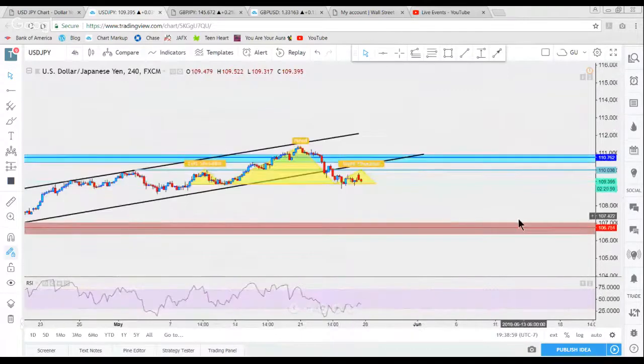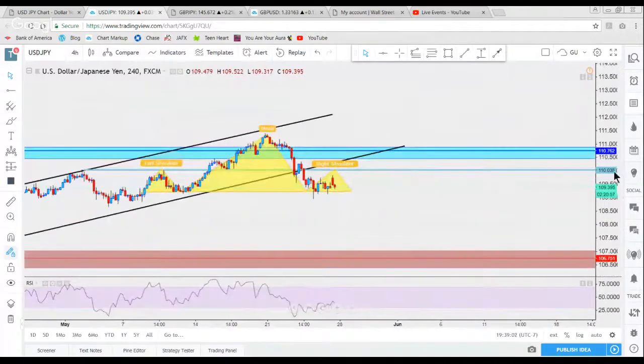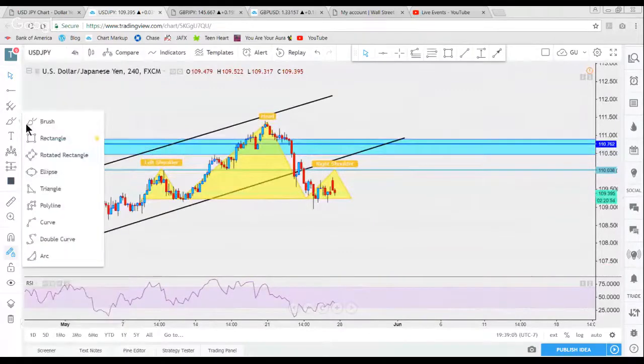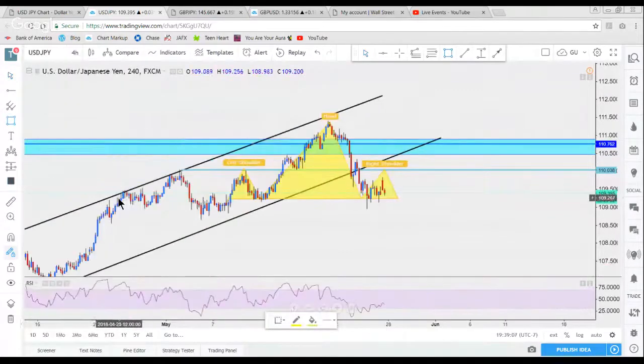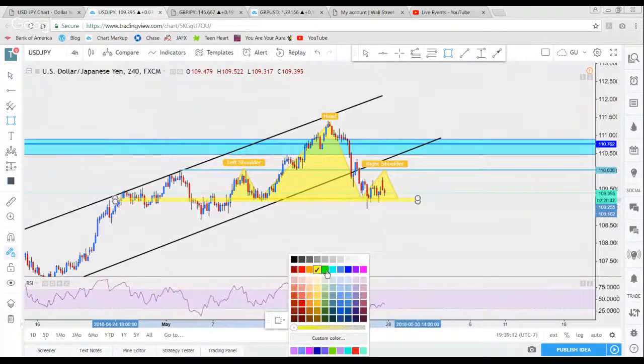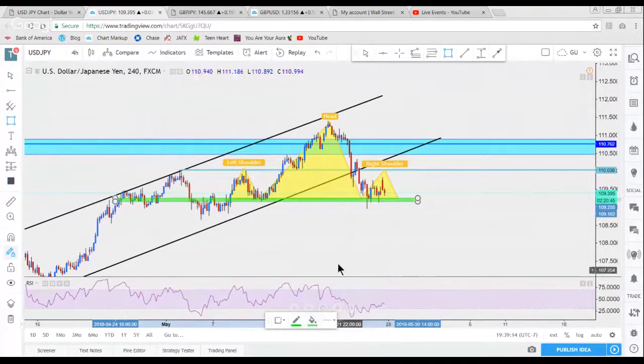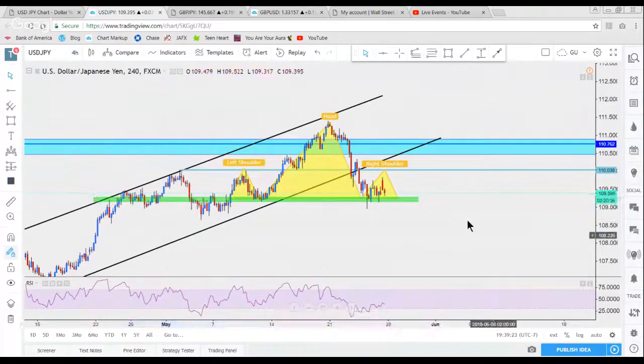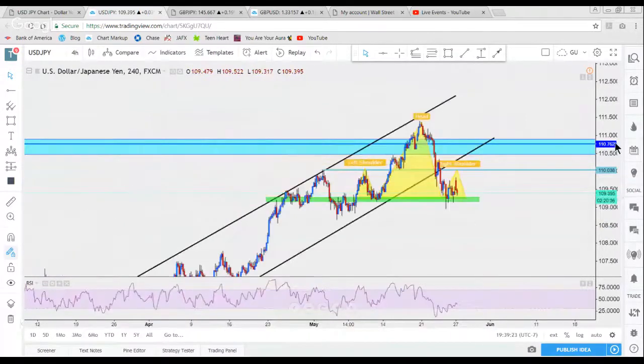With that being said, to highlight this little bottom zone that we're seeing is really important. So this box in green is this 109 area. And this 109 area is one of these areas that's like a zone within a zone.